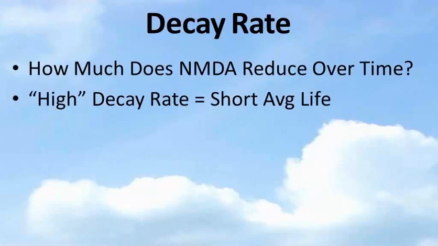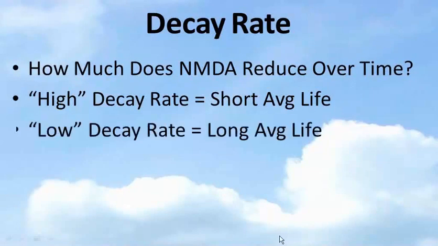How much does your non-maturity deposit account portfolio reduce over time? Now, a high decay rate is associated with a short average life. A low decay rate is associated with a longer average life.